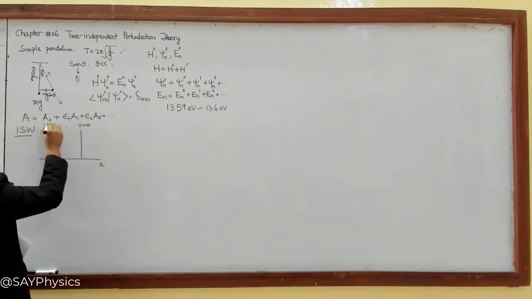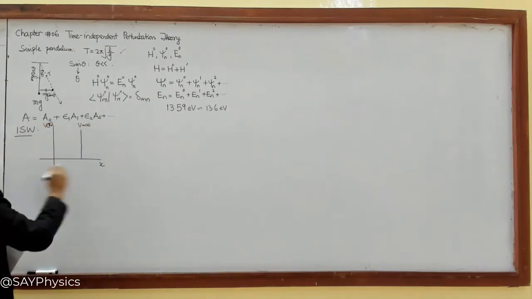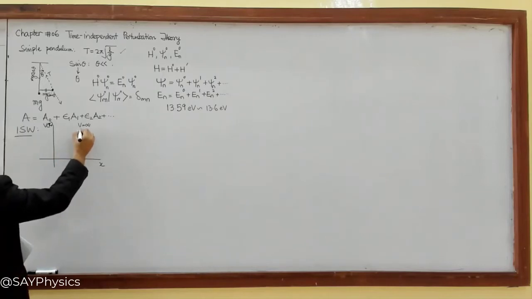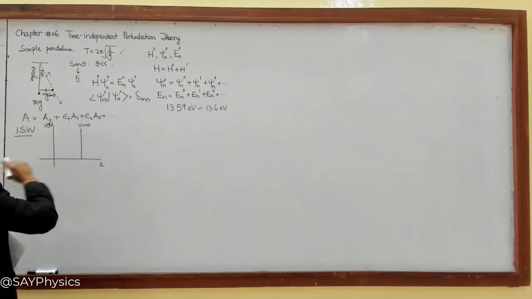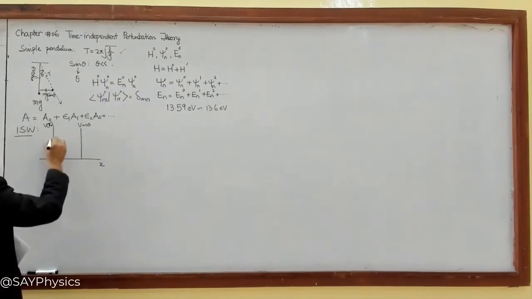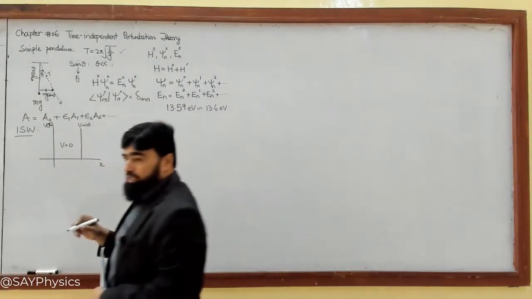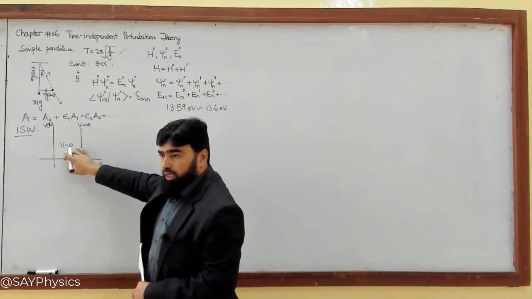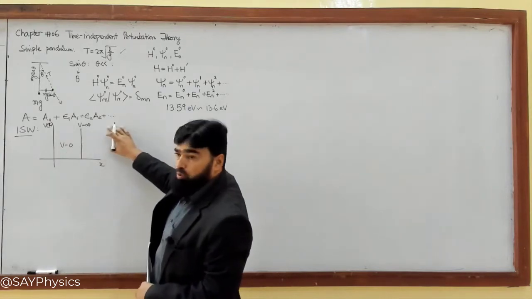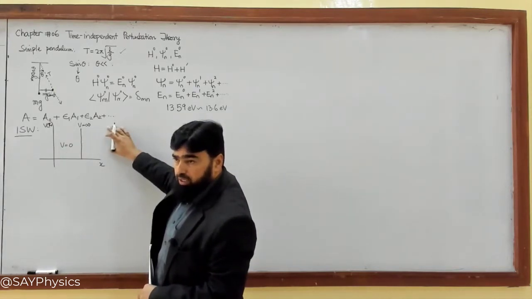Here it is V of x or V of r, depending on what you consider on this axis. If you consider r, then this is V of r. It is infinity on the walls, and V is equal to 0 inside. This was the infinite square well situation, and you know what kind of wave function it gave us.